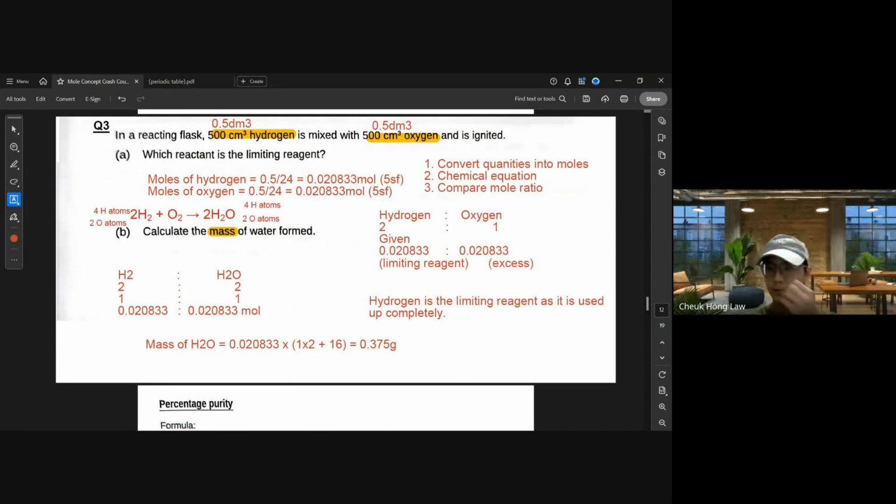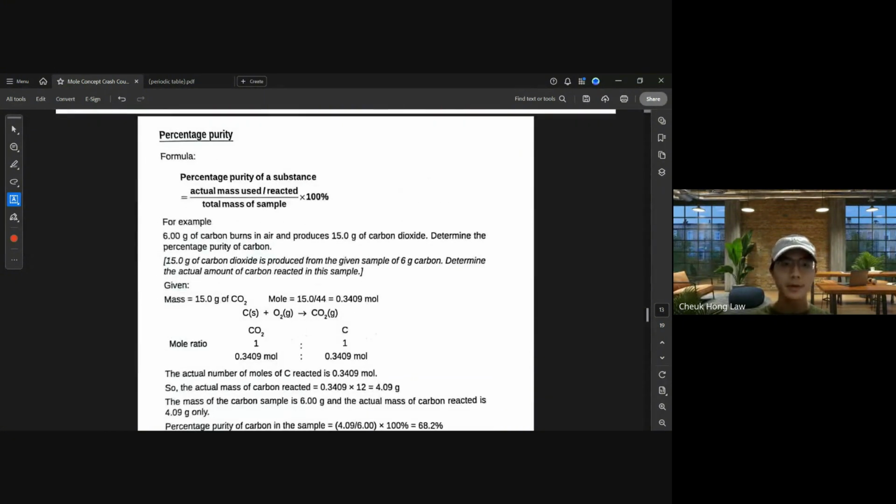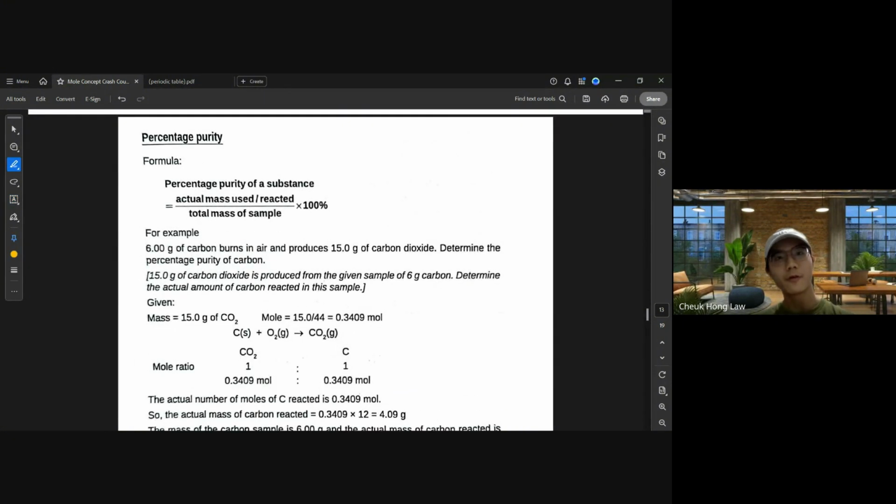All right, if there are no questions, I will move on to percentage purity. The formula for percentage purity is the actual mass used, or the actual mass reacted in the reaction, divided by the total mass. Then to find the percentage, times 100%. So for example, if you have a bottle of orange juice, usually you see labels saying 80% pure juice.